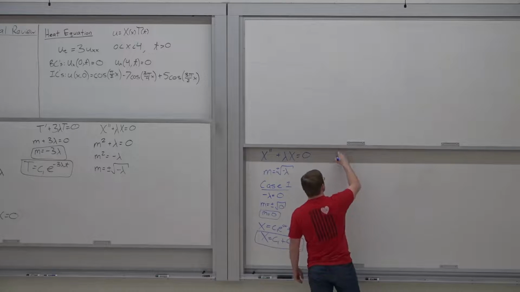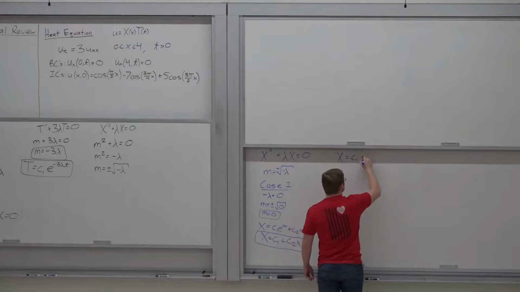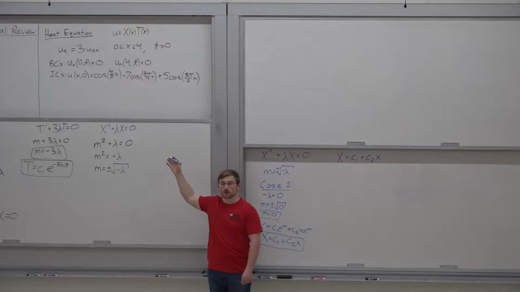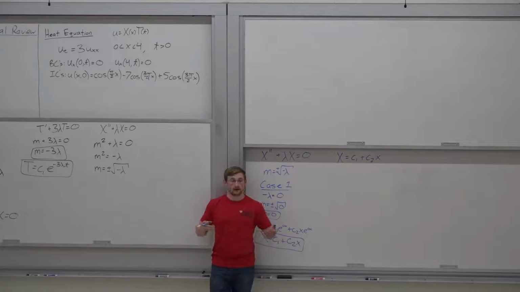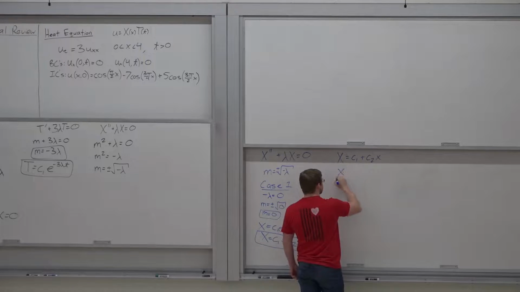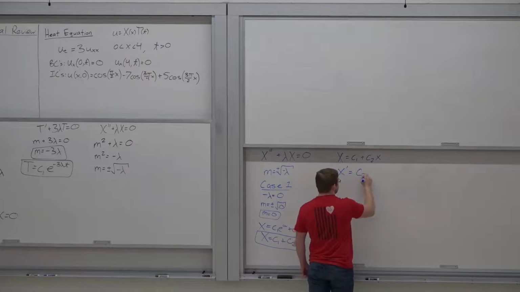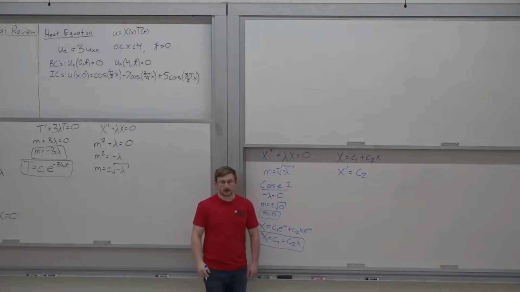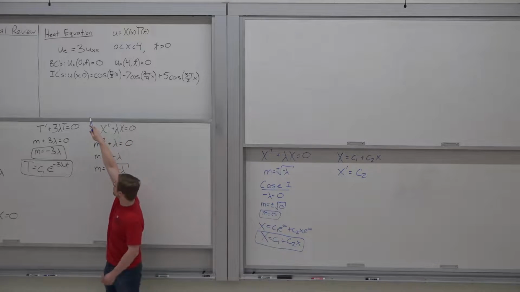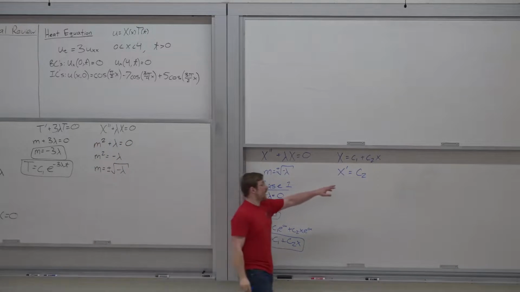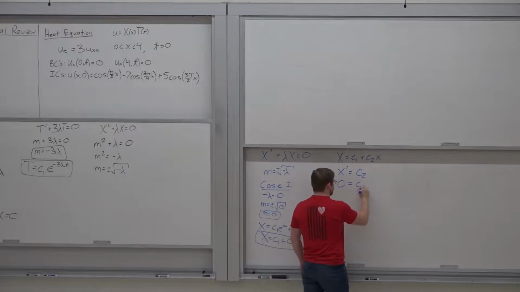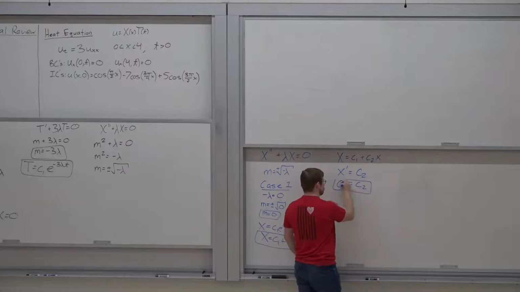So I have my function X, c1 plus c2 x. And I see that both of those boundary conditions are evaluated for the derivative with respect to x. So I'm going to take this derivative. I get capital X prime is equal to c2. That's nice and easy. Now let's plug in those boundary conditions. It says when my variable x is equal to 0, my function is equal to 0. So I get 0 is equal to c2.